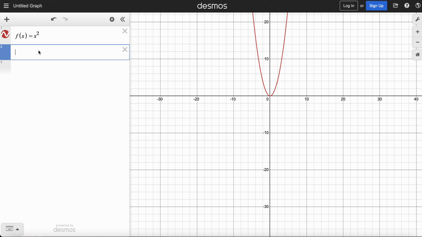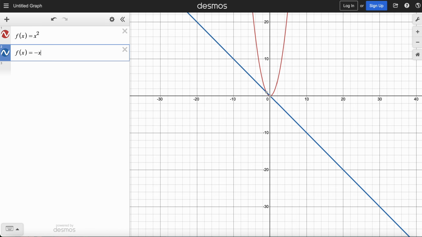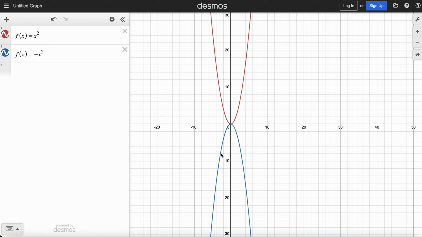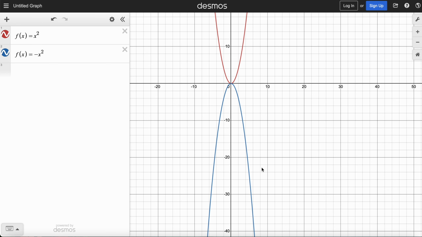Now let's try a function, f of x equals -x squared. And you can see right there, that function flipped over the x-axis. Anything that you put in is going to be the same thing as -1 times that number squared.